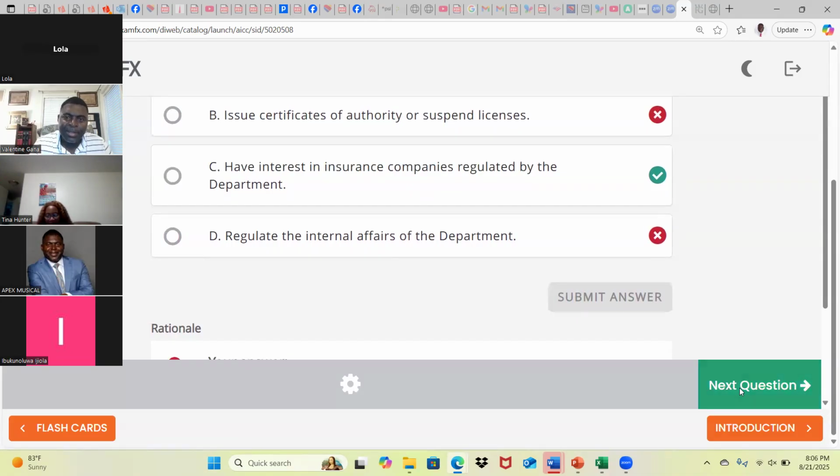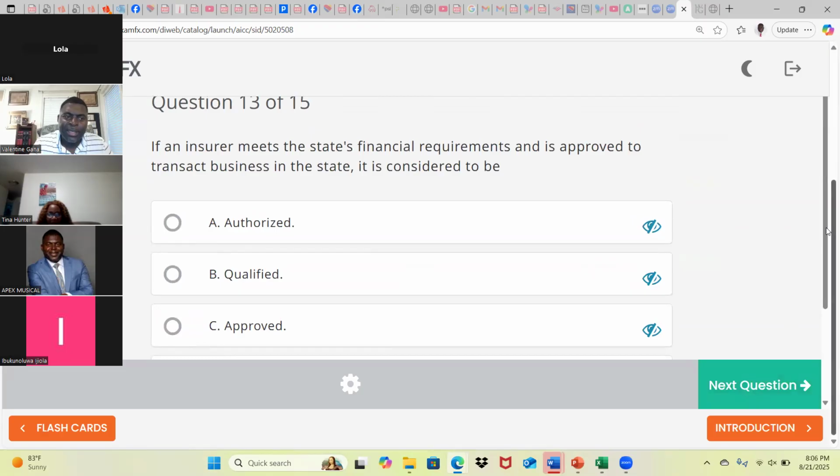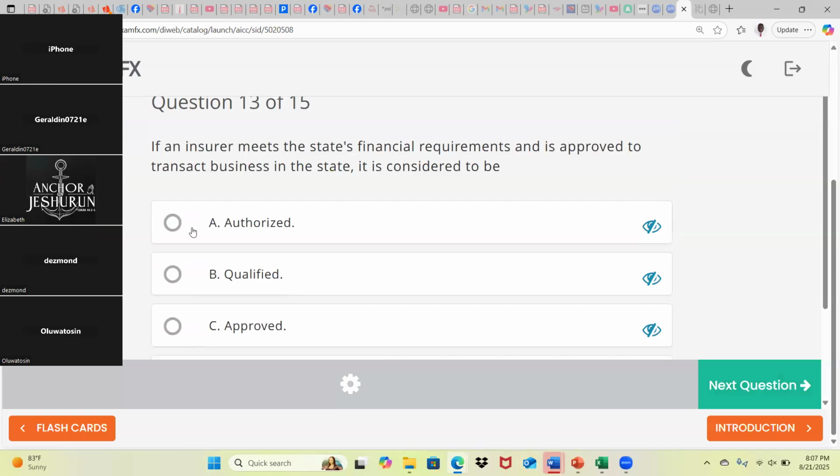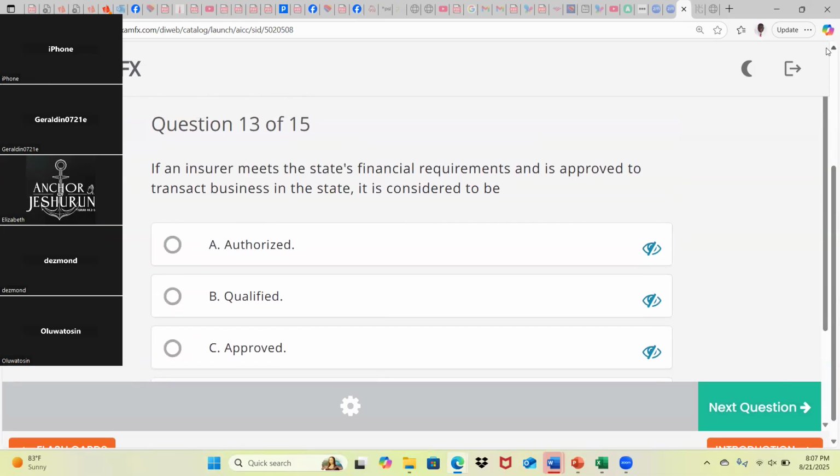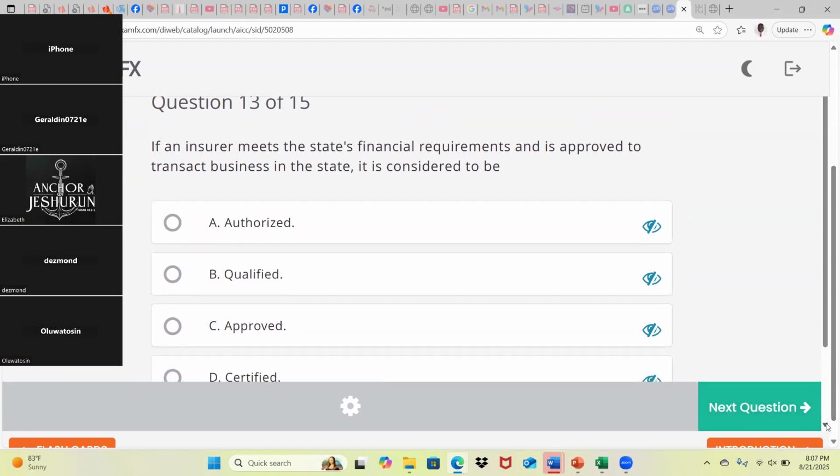All right. So let's go to 13 here. Lola, can you read this one? If an insurer meets the state financial requirements and is approved to transact business in the state, it is considered to be A, authorized, B, qualified, C, approved, D, certified.